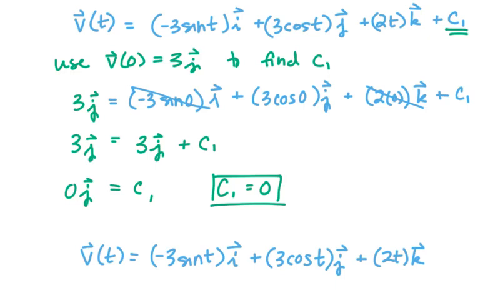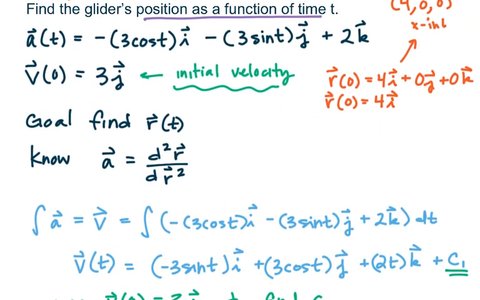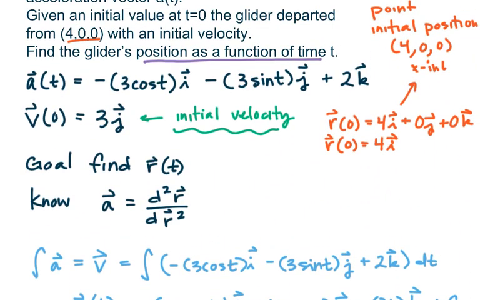So we have our velocity function. We solved that initial value problem to find what our arbitrary constant would be. We still are working towards the position function. In order for us to find that position function, we're going to do the same thing, but then we will use this initial condition to help us determine our next c value.